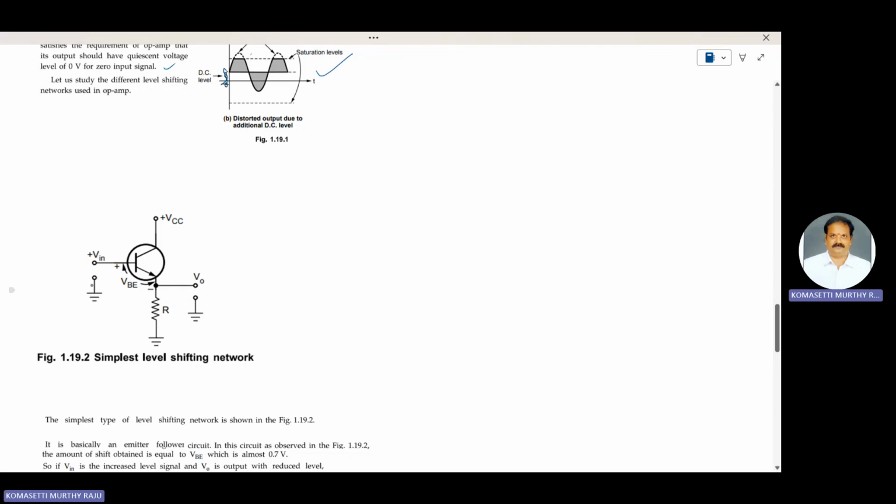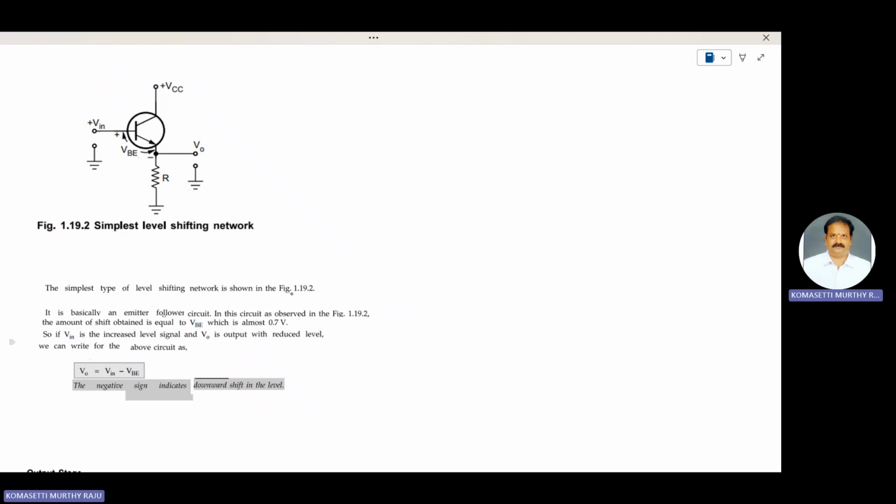This is the simple level shifting network. Vin, VBE, R. Apply KVL. The simplest type of level shifting network is shown in the figure. It is basically an emitter follower circuit. In the circuit, the amount of shift obtained is equal to VBE, which is almost 0.7 volts.